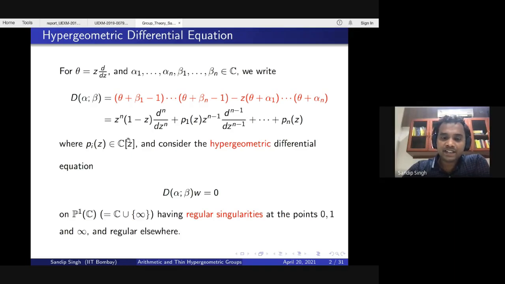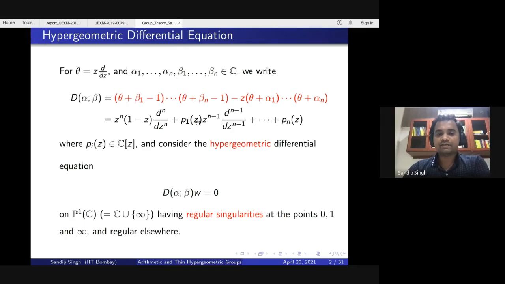So in this case, it is immediately clear that 0 and 1 are regular singularities, right? In this case, the highest coefficient is z to the power n times 1 minus z. If you divide, then z equal to 1 is a pole of order 1. And for z equal to 0, notation-wise, denote the highest degree coefficient as a naught z and then a1 z.